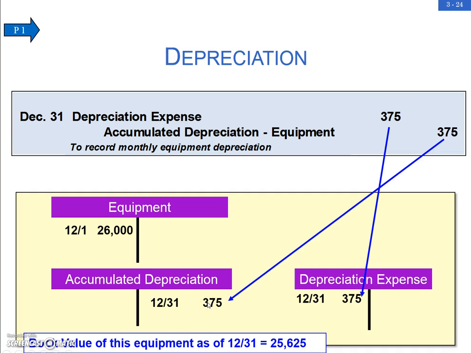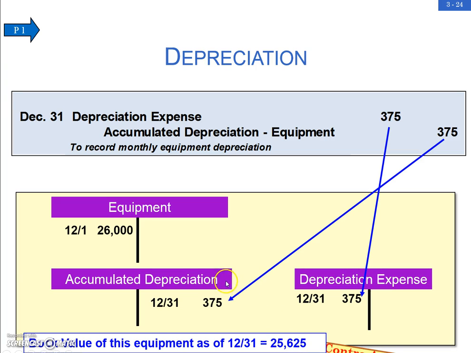But the way we do it is to see what the value of each piece of equipment would be: you take the asset account and you take its sister accumulated depreciation account and you subtract. 26,000 minus 375 gives us what's called a book value, right? If you were to look at our accounting books, both the asset account and its sister accumulated depreciation account, you would come up with what's called the book value, $25,625 as of December 31st, because we've used up a month's worth of it.